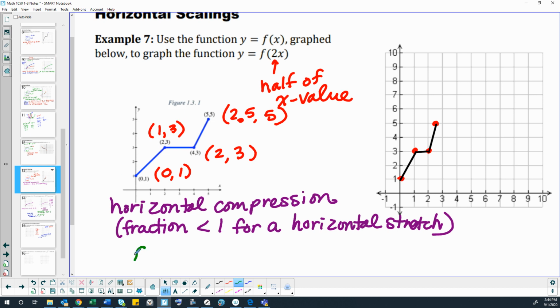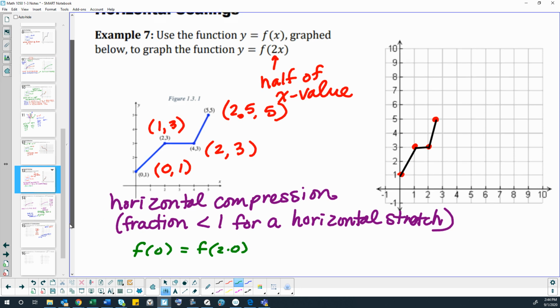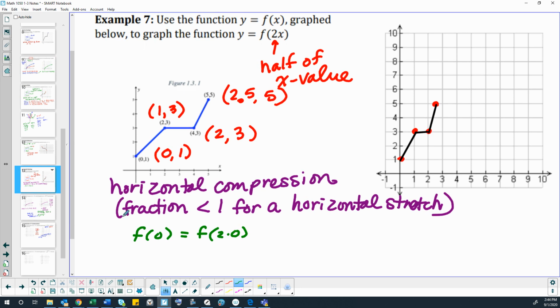So if we want f of 0, we need to plug in f of 2 times 0 to get that, right? That doesn't really change anything. But then for the next point, if we want f of 2, we need to plug in 1 times 2 to get that same value. So that's our x value now because we have x times 2, which gives us 2, and then it corresponds to this point so that the answer is 3.